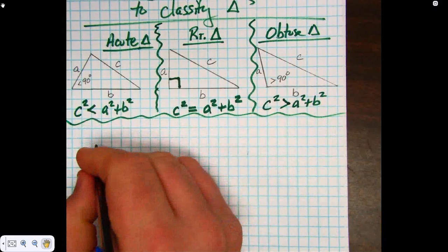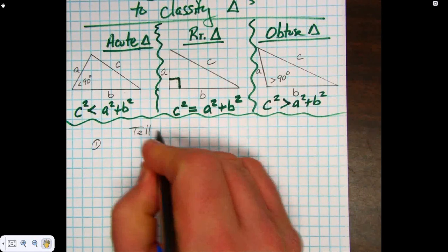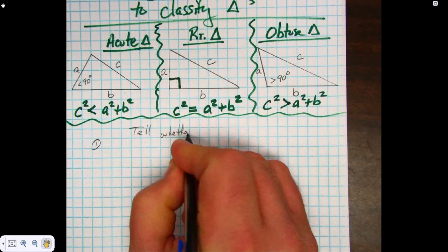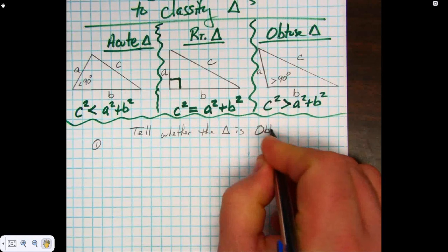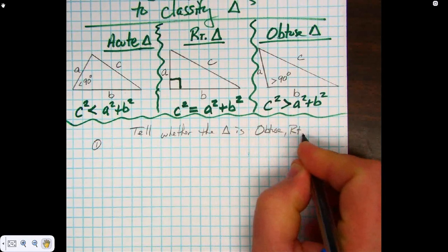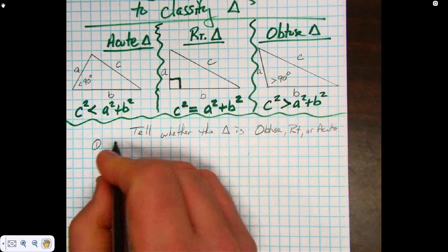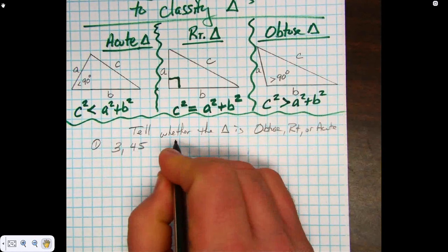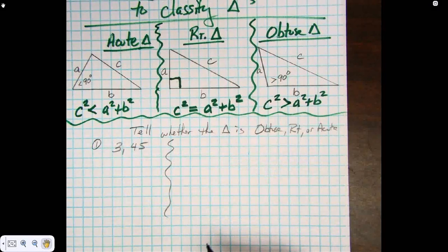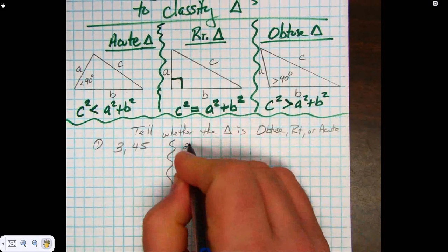So what you're going to have here is problems like this. Tell whether the triangle is obtuse, right, or acute. And they're going to give you 3 numbers. They're going to say 3, 4, 5. They're going to ask you to say, is that right, acute, or whatever. We'll do 3 of them here.